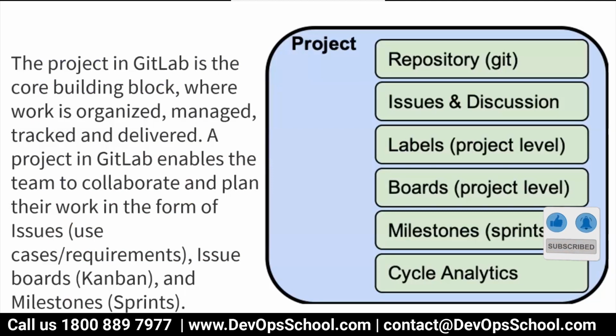Boards can represent your Kanban board or Scrum board, and labels, issue, and discussion can represent the task management feature. So basically, whatever project-level functions or code updates you have, the entire life cycle will be visible in that single project.